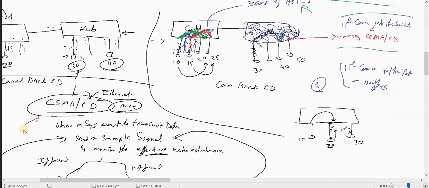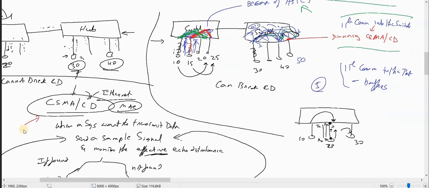Here, there is a condition. Is it full duplex or half duplex? If it is full duplex, there is absolutely no problem because there is a separate TX RX wire physically going separately, and there is a separate TX RX wire going in the opposite direction.